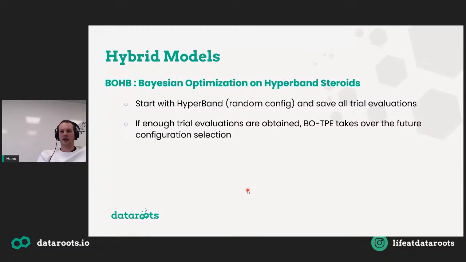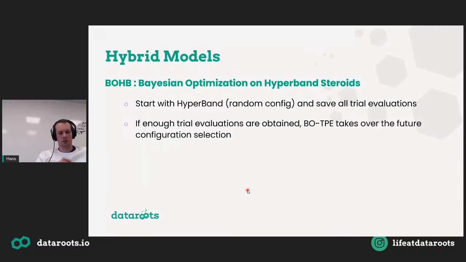So you start with hyperband, so a random configuration, save all trial evaluations, and after you have done that a few times, you have enough trial observations to bring in the Bayesian optimization or the TPE to start taking over future configuration selection. So basically you build a hyperband, so you select out some configurations, and for the next configurations, you use a Bayesian optimization technique to pick something in the neighborhood or to explore the rest of your parameter space. So it's basically both ways combined.